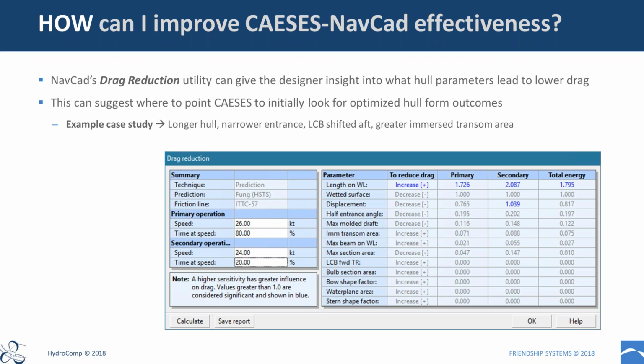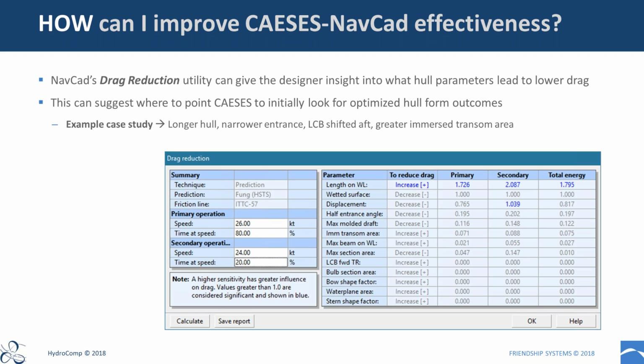We want to increase length to reduce drag. We want to decrease wetted surface. That becomes obvious. Decrease displacement. That's also obvious. But we can begin to see other design items: half angle of entrance, draft, immersed transom area that we'll see is important in this particular case, longitudinal center of buoyancy.